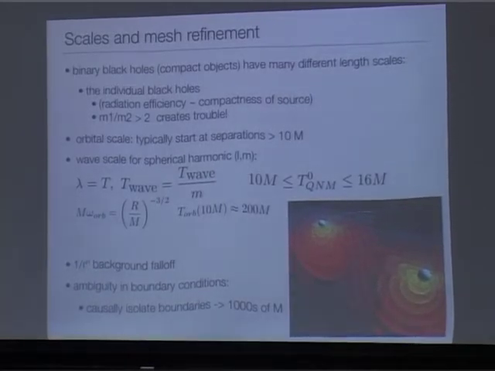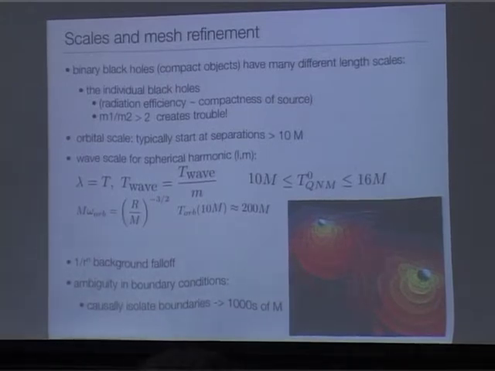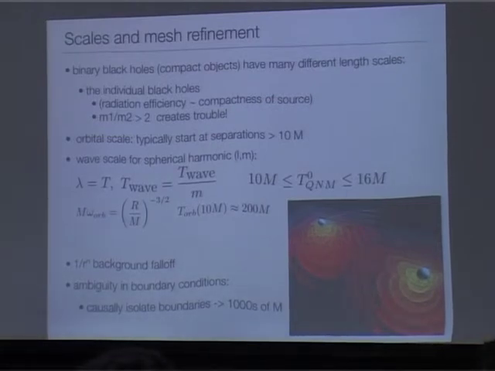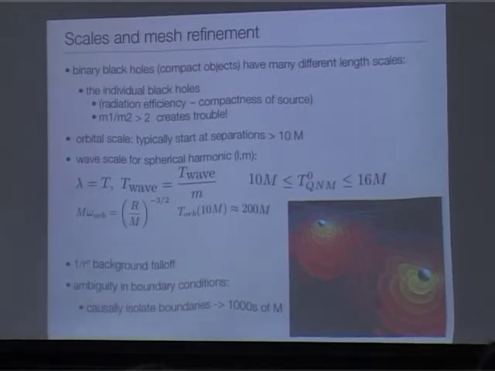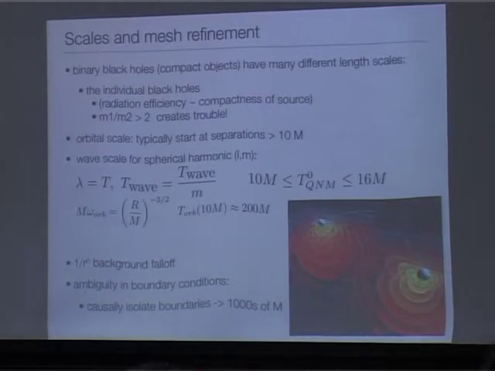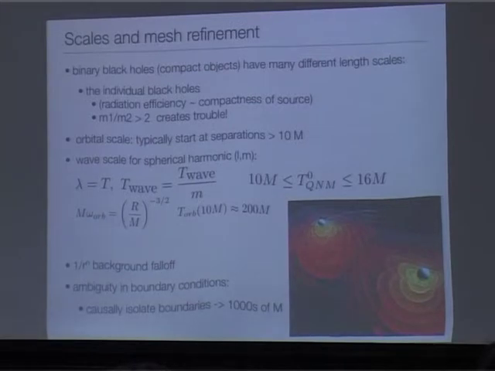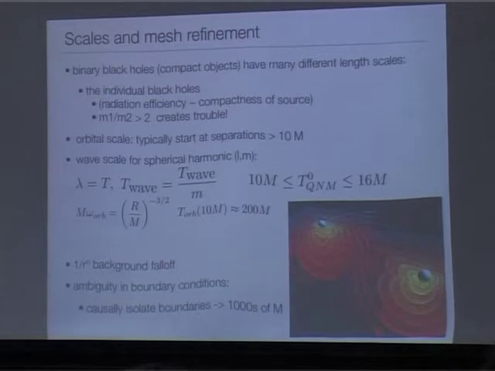In the most extreme case, if you have black holes, because black holes are just the most compact objects, you have the individual black holes, which are very, very small. These black holes may have roughly the same size, or they could have a mass ratio. If they have a mass ratio which is significantly different from 1, then again you have very different sizes, because one black hole is much smaller than the other one, which again can create problems.